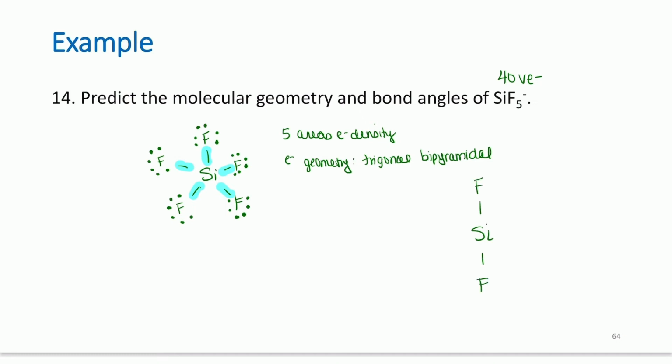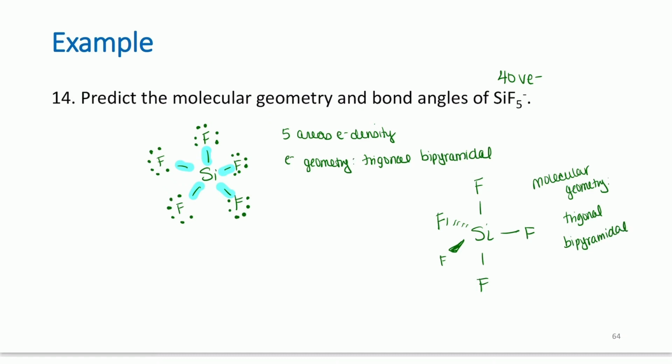Axial are the axis, equatorial, my equator. And I see that my molecular geometry is also trigonal bipyramidal.